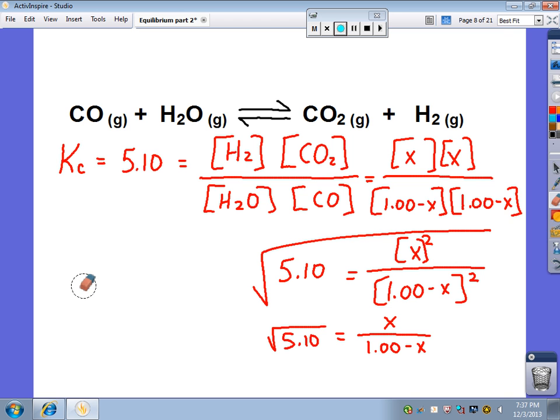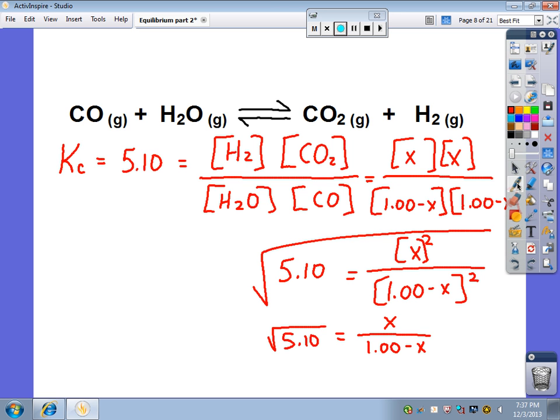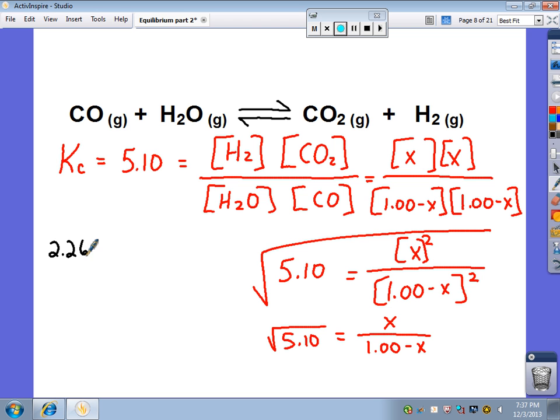If I do that, let me write it over here, I'm going to have 2.26, and I'm going to multiply that by 1.00 minus x. And that's going to get me equal to x, if I do my math.